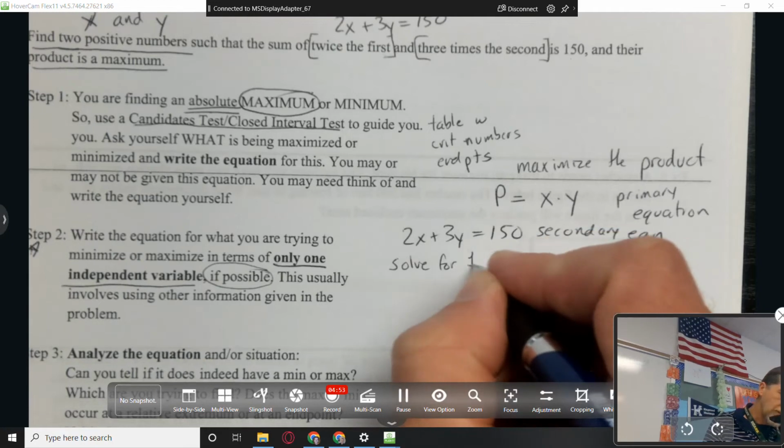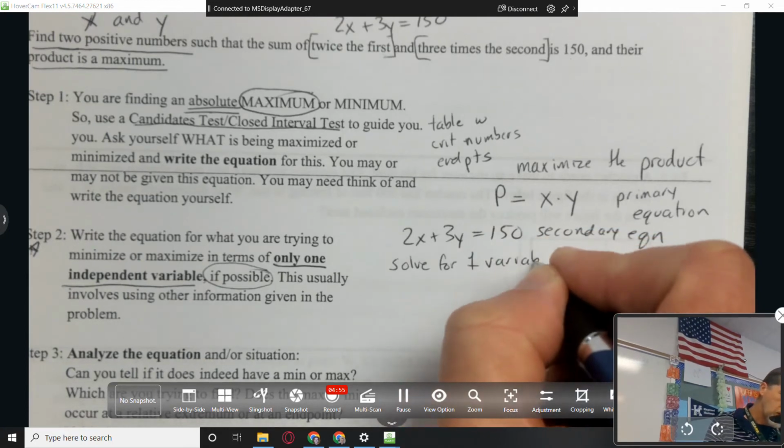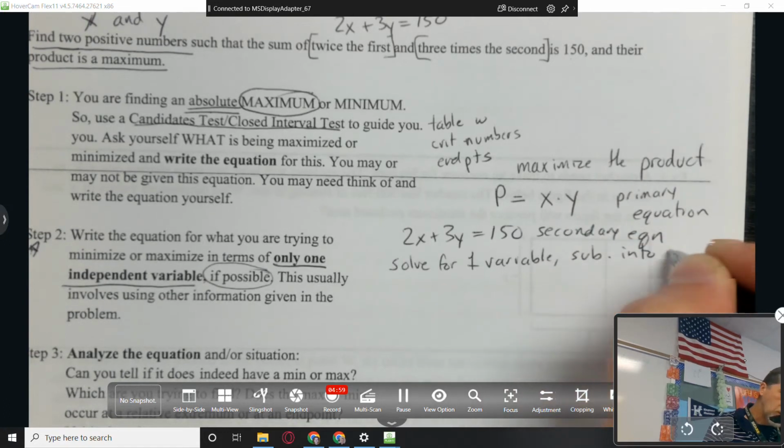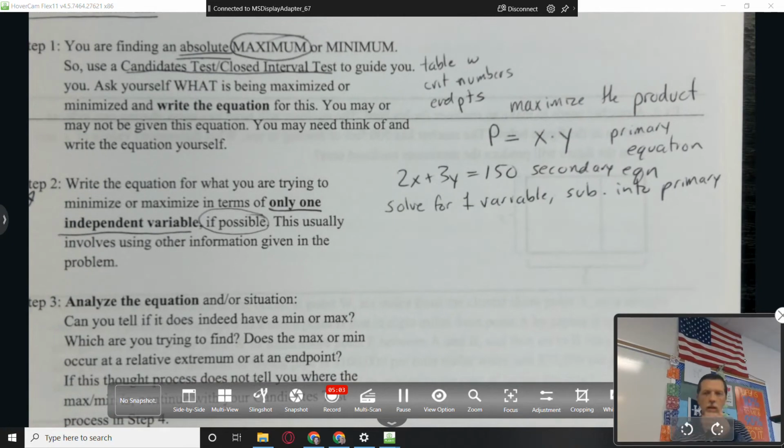Solve for one variable, and then substitute into the primary equation.